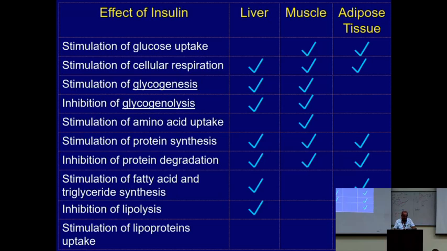The liver transporter is GLUT2, and that is a low affinity transporter. That means it doesn't have a high affinity for glucose. But when glucose rises in the bloodstream, the liver will start to pick up more of that glucose.